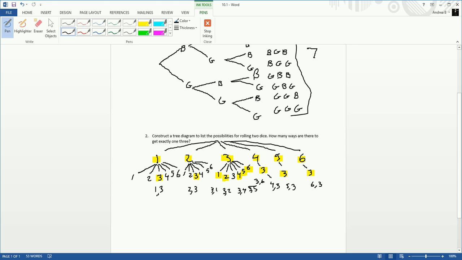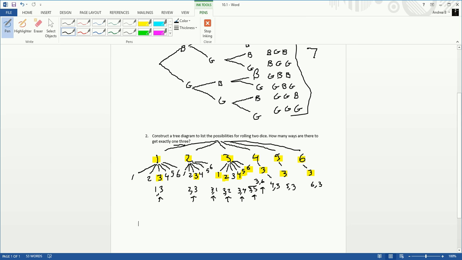And then for answering the question for how many have exactly 1 3, well, we've got one possibility here, and then there's 2, 3, 4, 5, 6. Remember this one said 3 and then a 5.